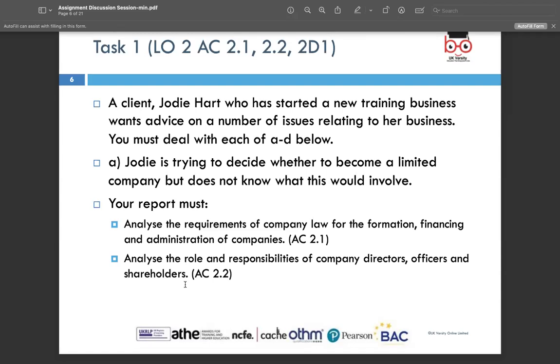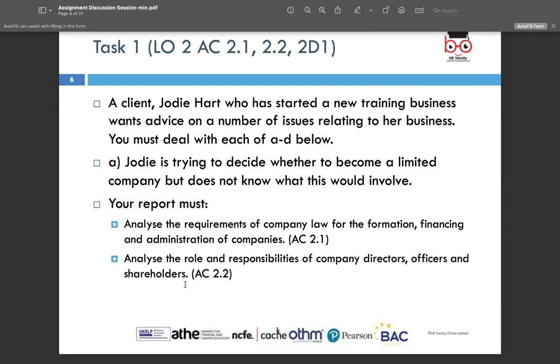You can explain the role and responsibilities of company directors: acting in the best interest of the company, avoiding conflicts of interest, and exercising independent judgment. Then statutory duties: complying with the Companies Act 2006, including promoting the success of the company, ensuring the company's solvency, and maintaining proper accounting records.